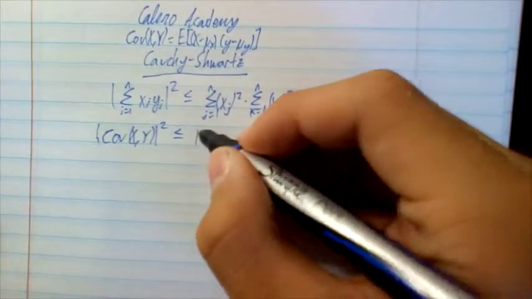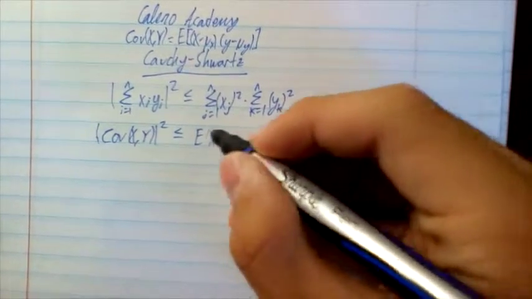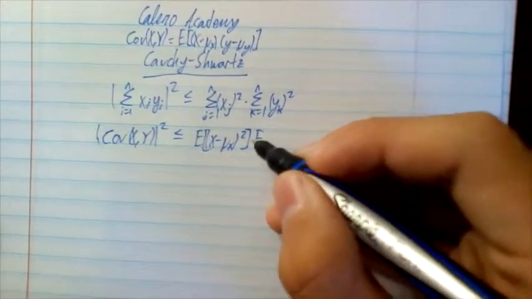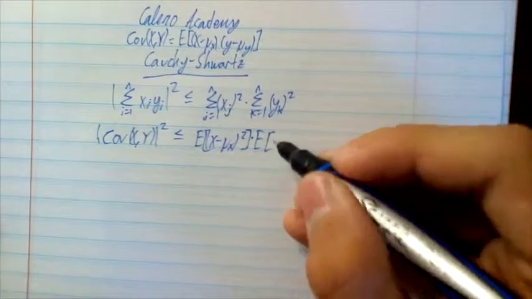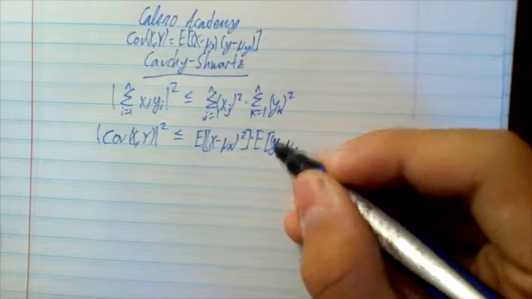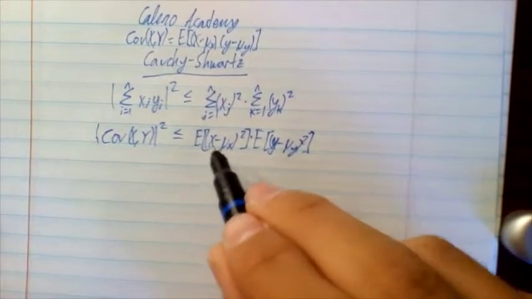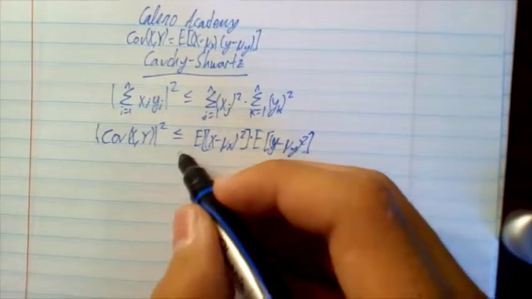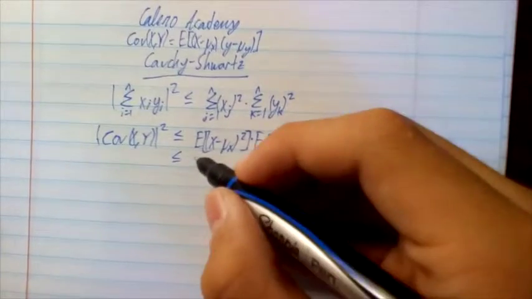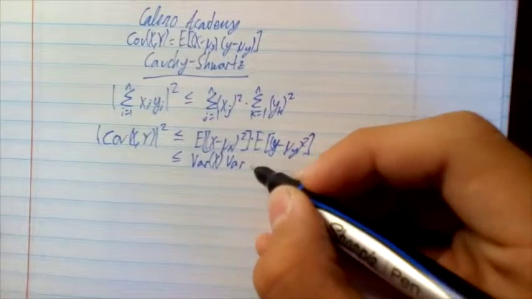So we can write the expectation of x minus the mean of x squared times the expectation of y minus the mean of y, all squared. Now, these are simply the variances as we learned before, so we can write the covariance of x and y, the absolute value of that all squared, is less than or equal to the variance of x times the variance of y.